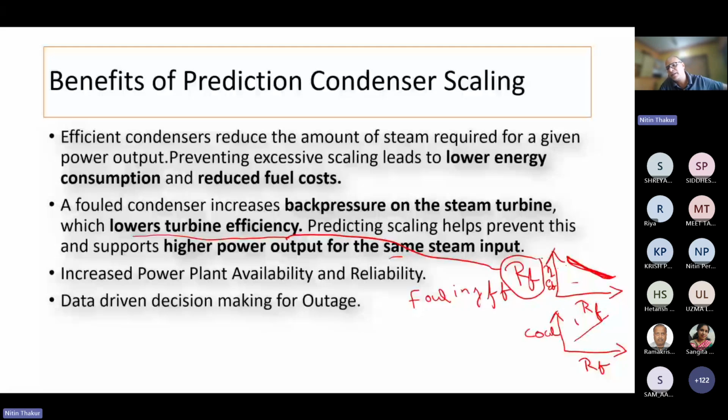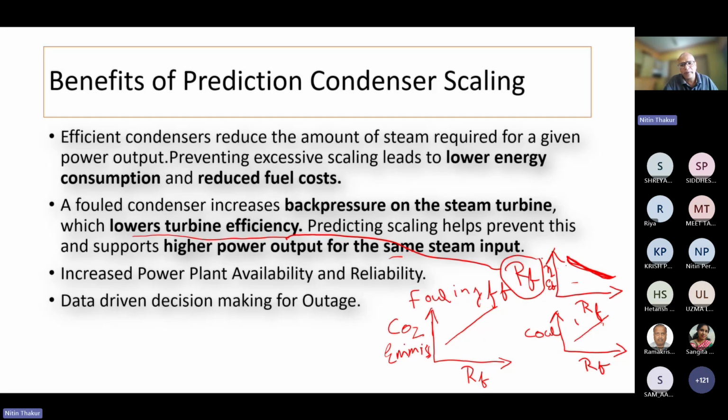Because we are making the steam turbine more and more inefficient, so it was demanding more and more coal. Now, this is a pure correlation that as the condenser is getting scaled, there will be an increase of CO2 emissions.